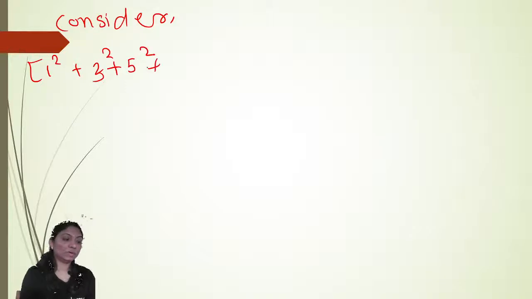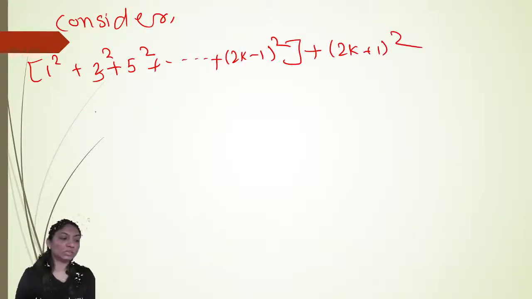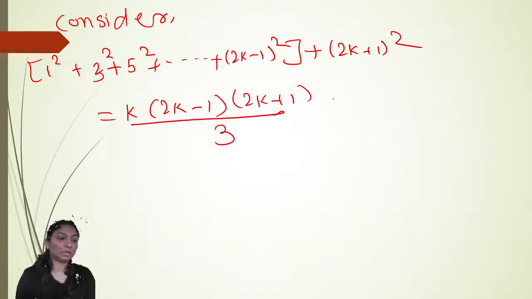Consider that 1 square plus 3 square plus 5 square and so on plus (2k minus 1) square plus (2k plus 1) square is equal to k(2k minus 1)(2k plus 1)/3 plus (2k plus 1) square, right?